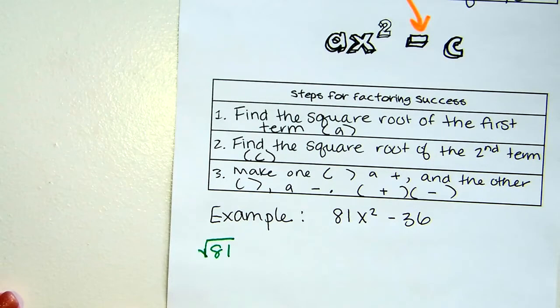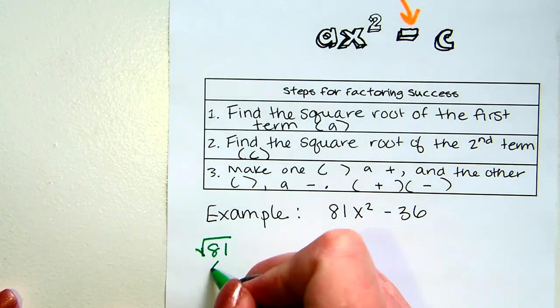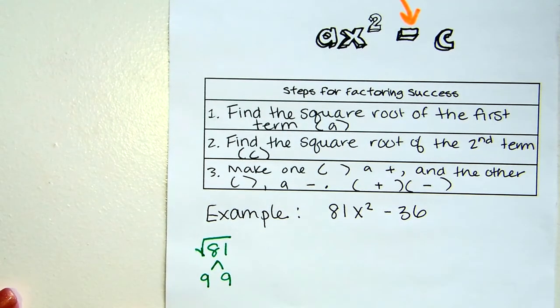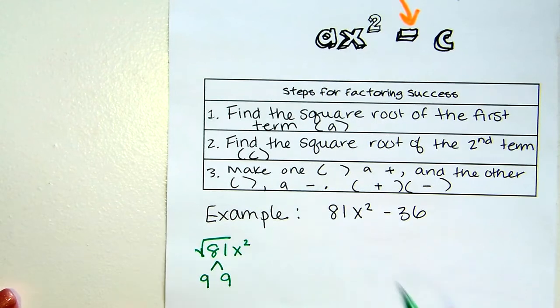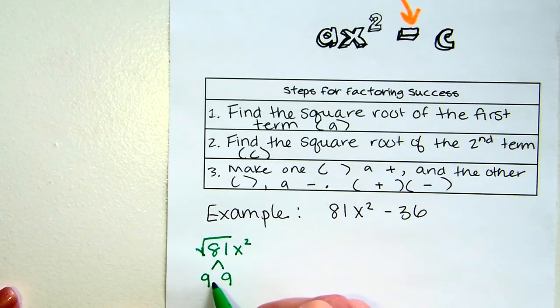The same number that multiplies by itself to give us 81 is 9, so I'm going to have 9 and 9. But this is not just 81, this is 81x squared. Because I have the x squared here, this is going to be 9x and 9x.